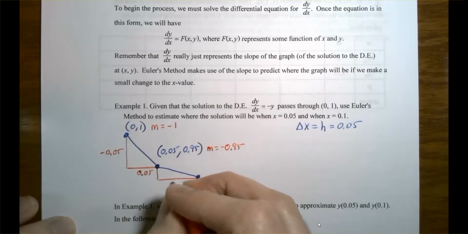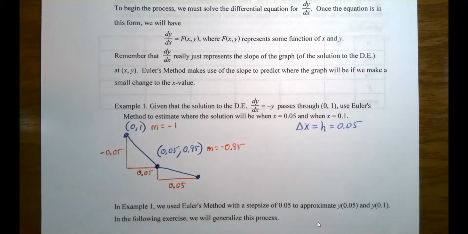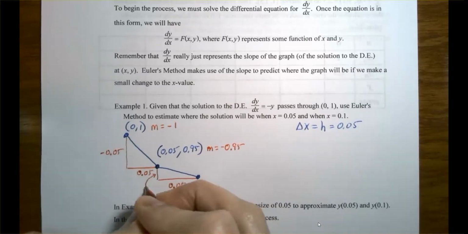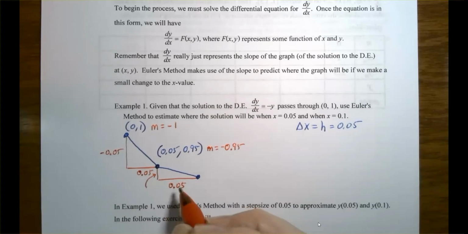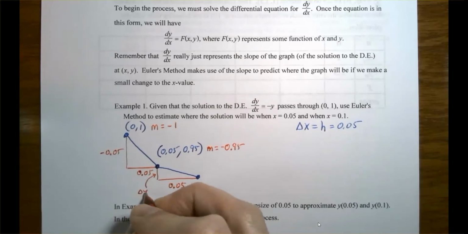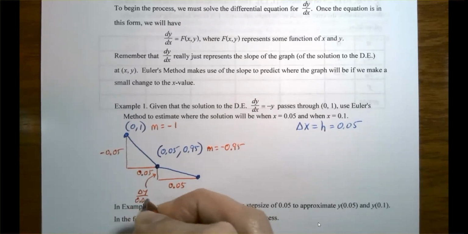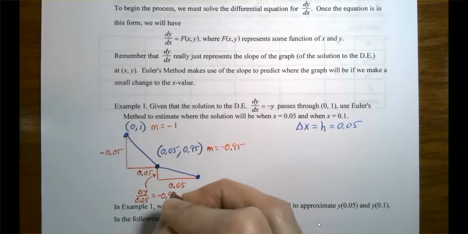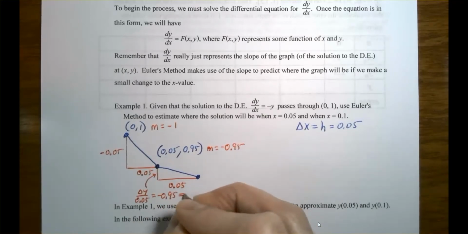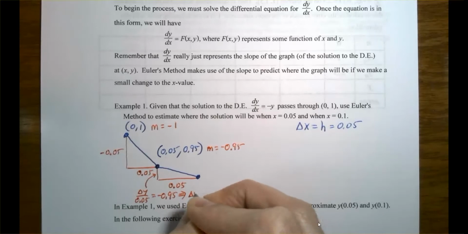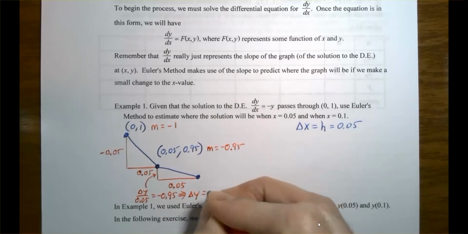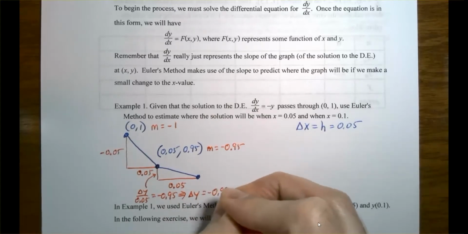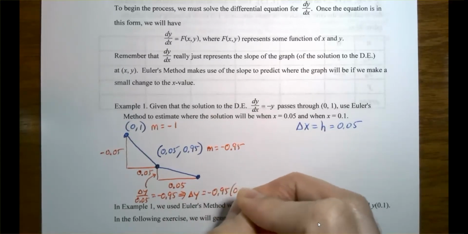But I know that my change in x, again, is 0.05. My change in y, well, the ratio of the change in y, I'll say delta y, over 0.05, I know has to be this slope of -0.95. So that means that my delta y will equal -0.95 multiplied by 0.05.